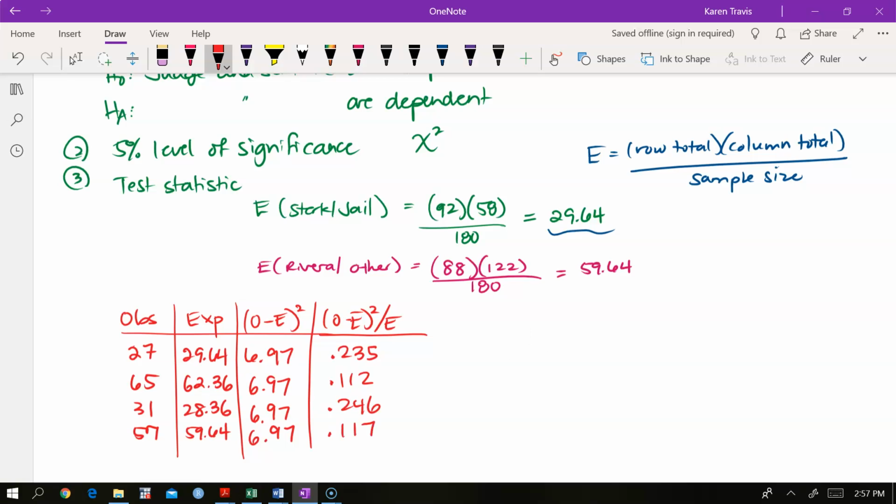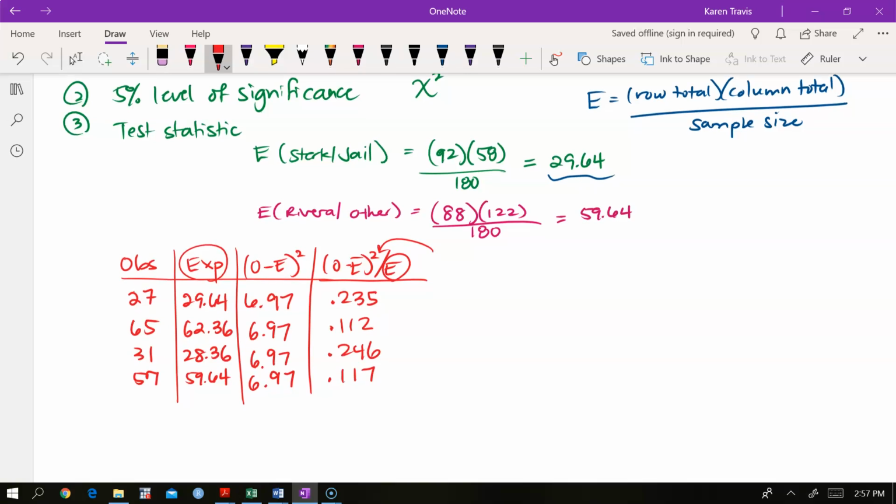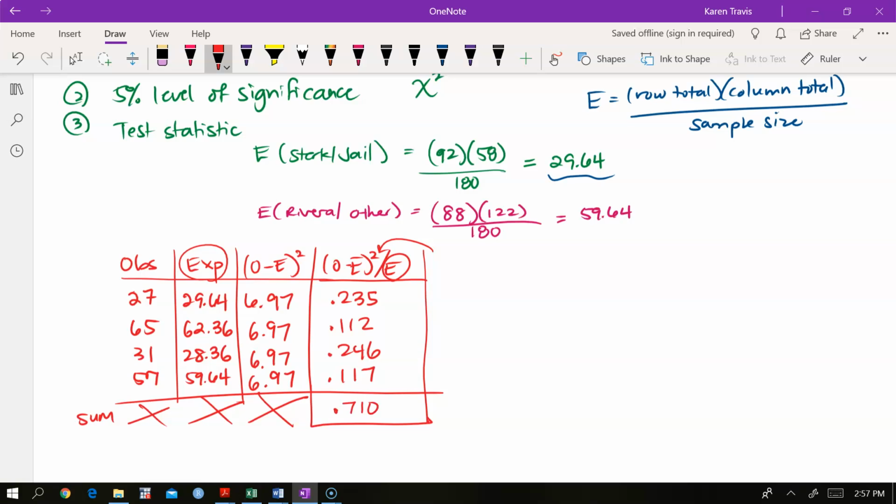In this column, remember, you're dividing by the expected value for each, which is what's changing it. When we sum, we don't need any of the other sums. We just need the sum of this last column, which turns into basically 0.710. There's some rounding there just from doing it in Excel.